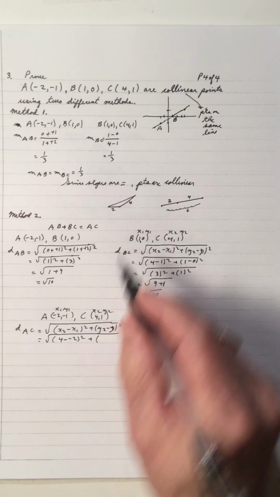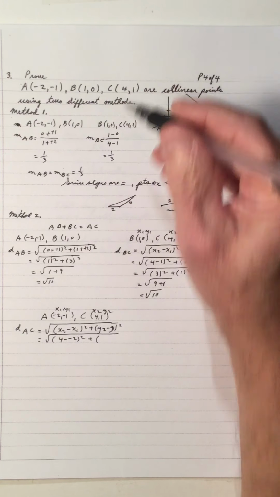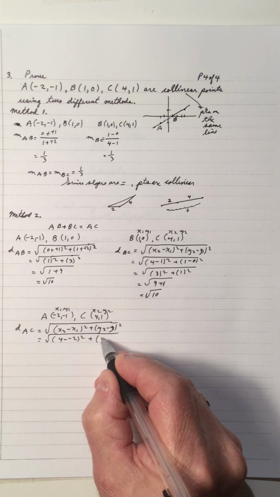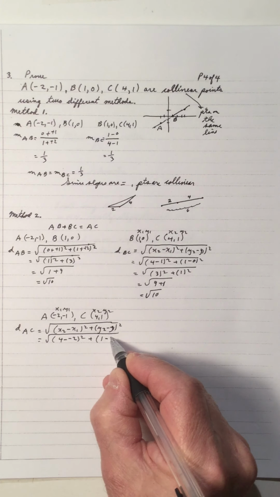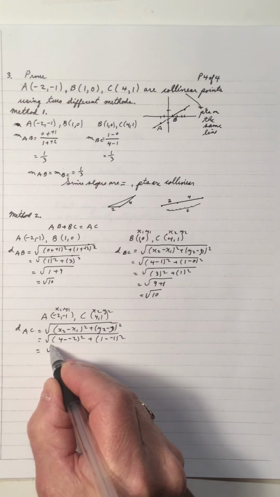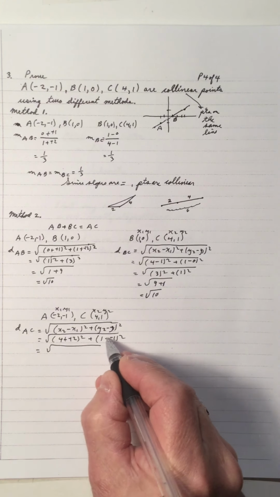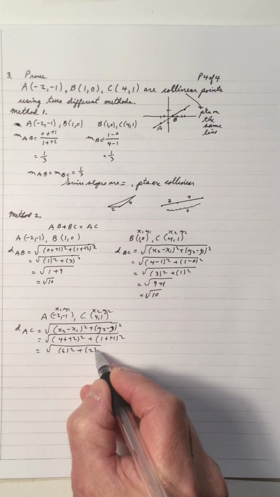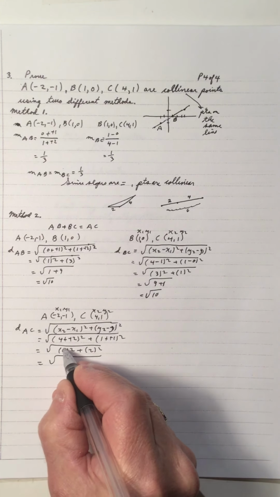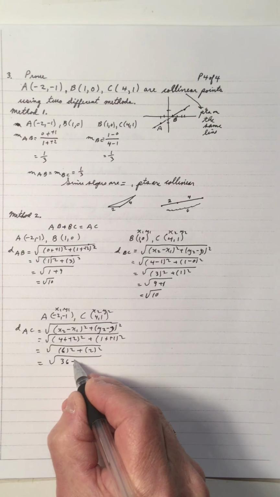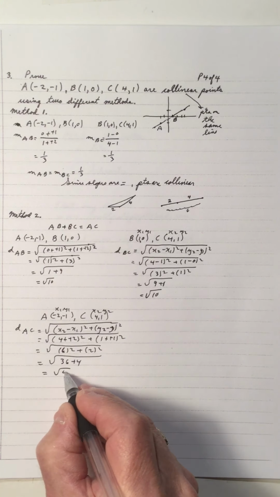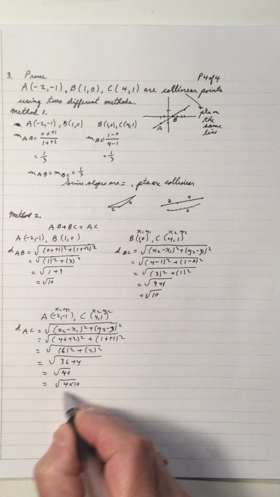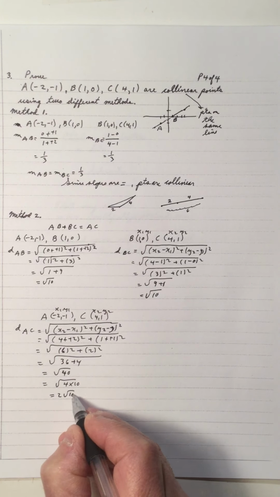I got the A and the C just to make sure. And we have y2 is 1, subtract -1 squared. Double negative, double negative. That's a 6 squared, 2 squared. 6 squared is 36, 2 squared is 4. That's the square root of 40. The square root of 40 is the square root of 4 times 10. So it's a 2 root 10.